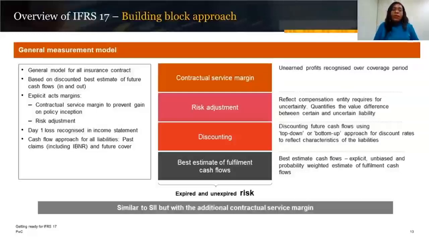This is basically the compensation that the entity expects to get for bearing risk over the life of that insurance contract. So that risk adjustment is like an income to the company. By the time you consider the risk adjustment and deduct that from your discounted cash flows, whatever is left is now your profitability on that contract, and it could be positive or negative.